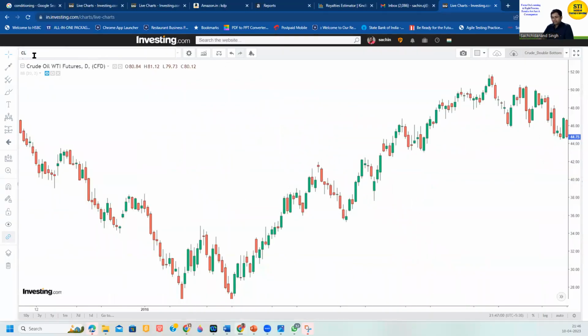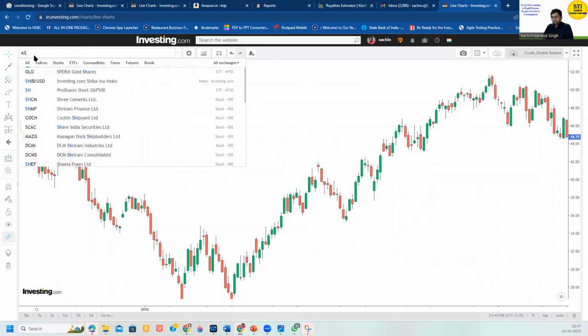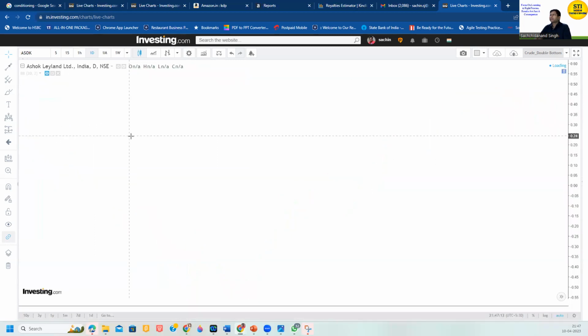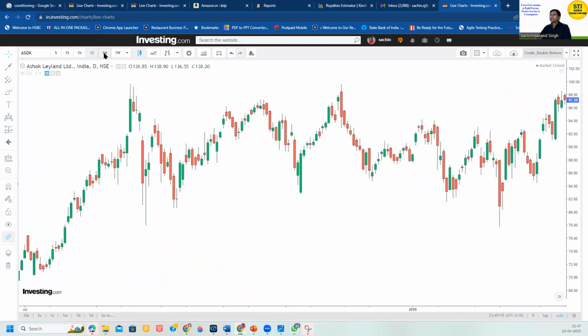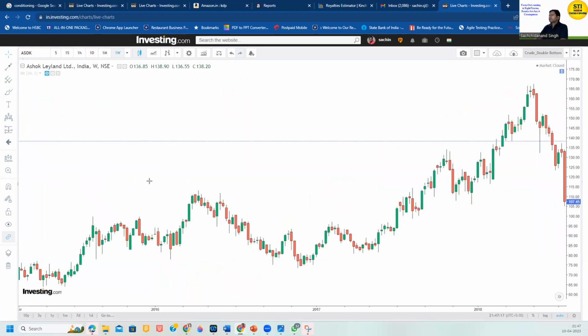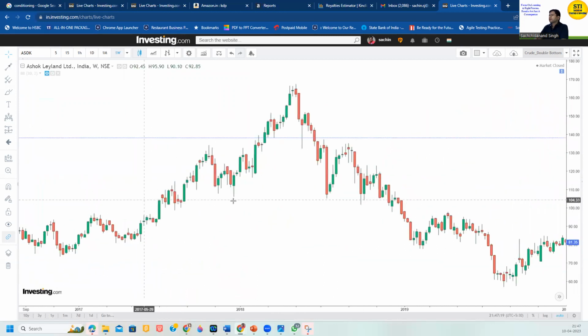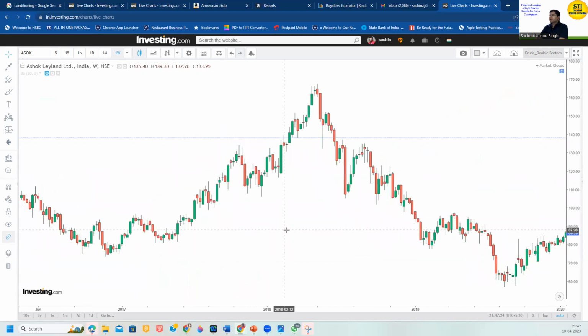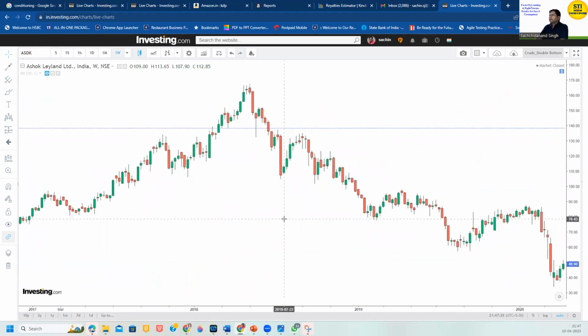So this is my investing.com, and I'll show the chart for you. Yeah, so this is the example I was just showing you in the PPT, and this is the real live chart example.